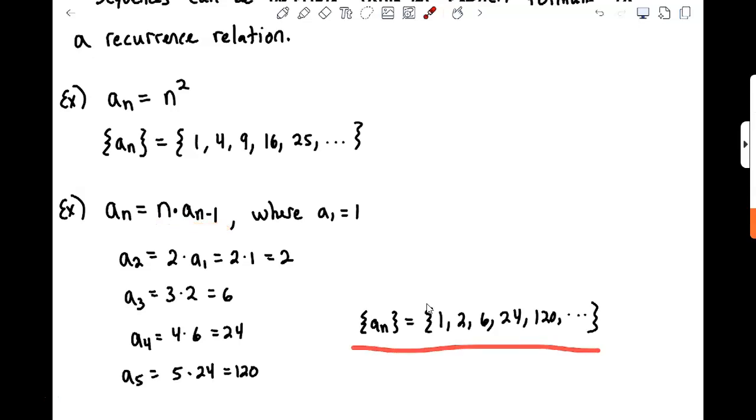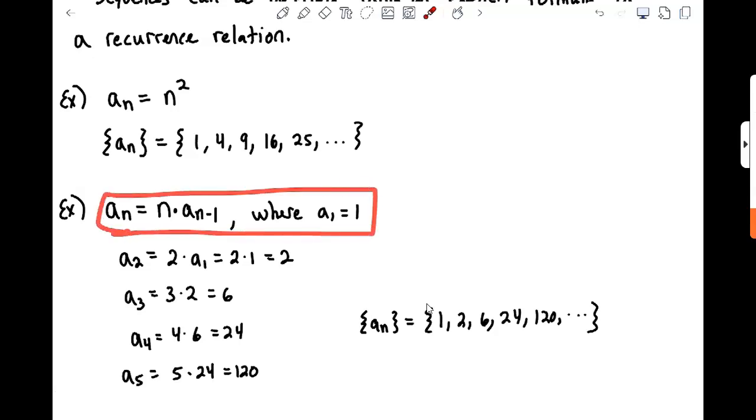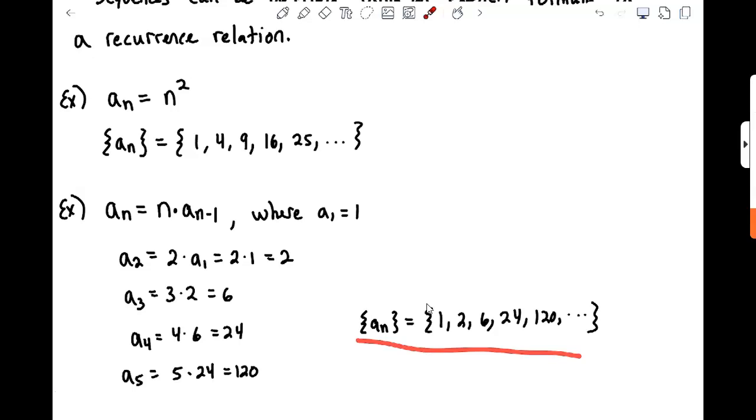And then some recurrence relations can also be transformed and expressed in terms of a formula. So you use the recurrence relation to try to generate a formula that you can use.